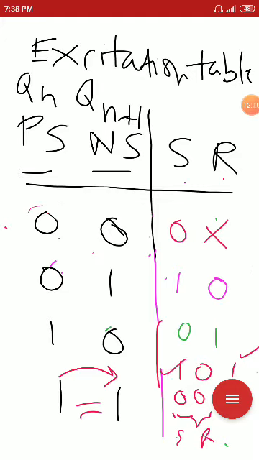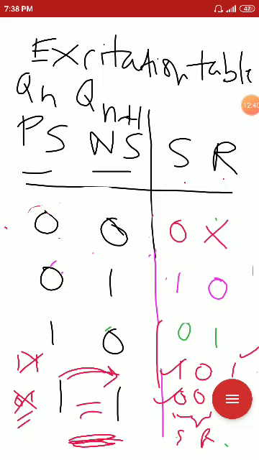So these two conditions are satisfying this transition, 1 to 1. The remaining combination is 1 1, which is invalid, so we cannot take that. Then 0 1 we cannot take because the output becomes 0. So these two remaining we cannot take.